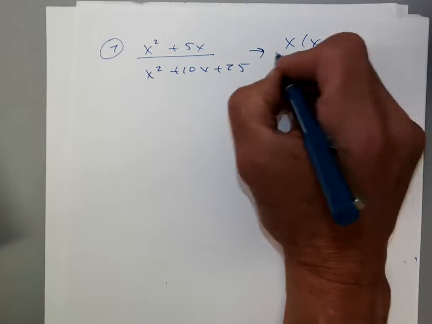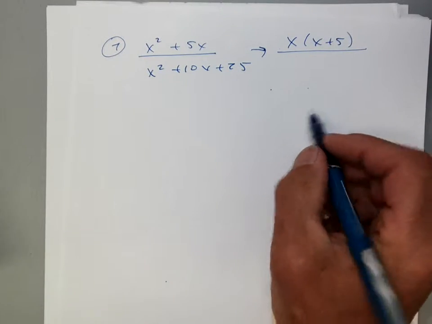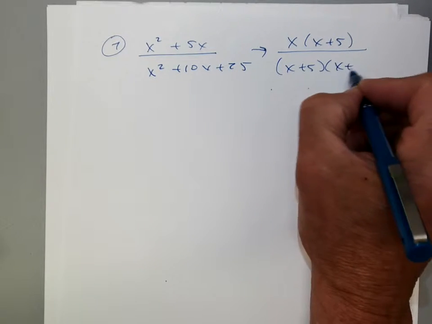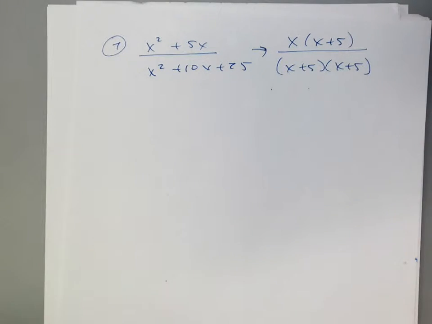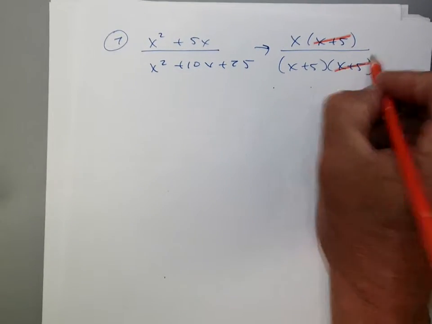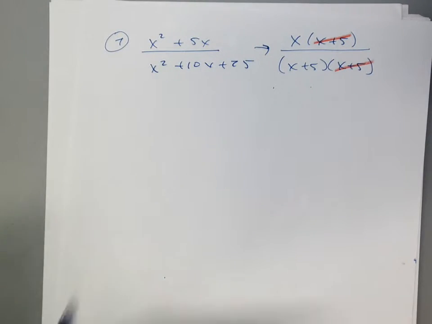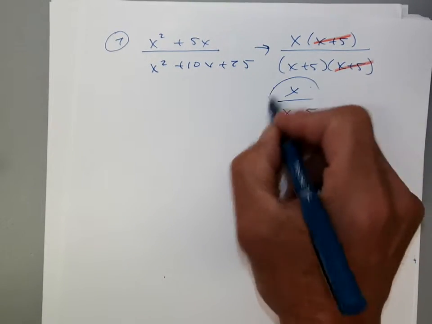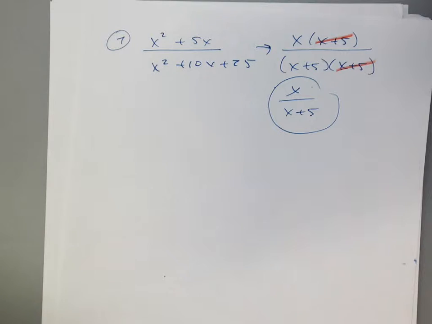I'm just going to common factor. And then I'm going to factor this one into x plus 5 times x plus 5. Now I can cancel because we're multiplying, right? So I can cancel an x plus 5 over an x plus 5, okay? And what I'm left with is x over x plus 5, okay? Don't forget about common factoring. It's the easiest of them all, but you guys always tend to forget about common factor, okay?